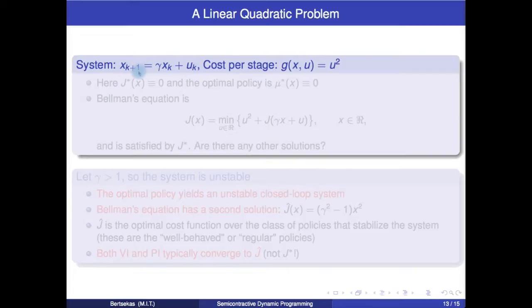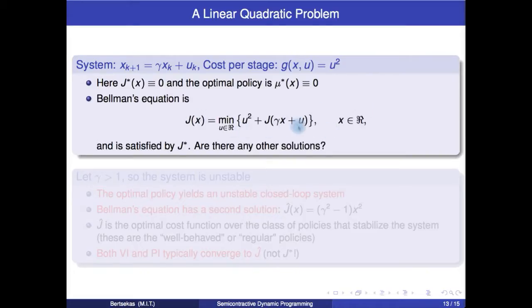And the next state is obtained according to this linear equation where gamma is a fixed scalar. Now, because there is no penalty on the state, only on the control, it is always optimal to apply zero control, incur no cost. So the optimal cost function is identically zero, and the optimal policy is identically zero also.